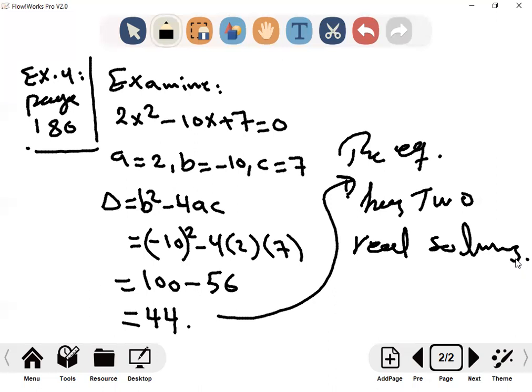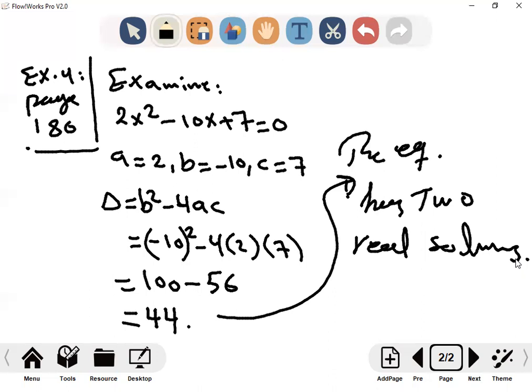But what does this mean? The roots are what? We will add a word, we call it irrational. What does irrational mean? At the end, when you want to find the roots, you will find minus b, which is plus 10, plus minus square root of 44, which is a decimal, divided by 2a, right?